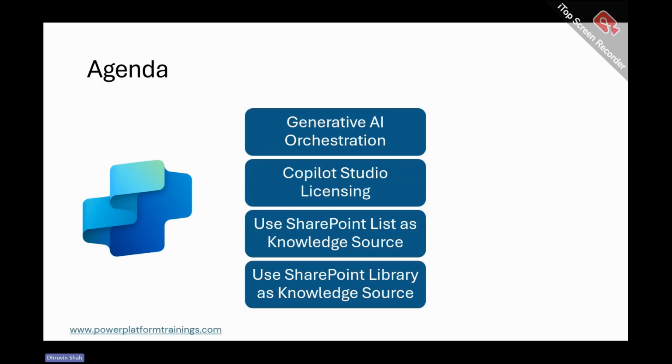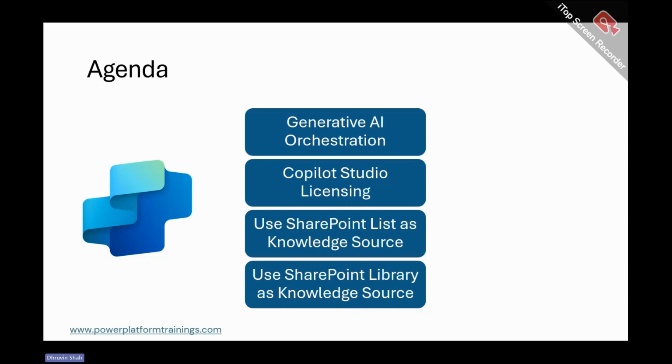We will continue SharePoint in the next class as well because this is a big topic. When you use SharePoint as a knowledge source, you need to think about security, licensing, and orchestration. All these things will not be covered in one session only, so we will extend into the next session. So this is the overall agenda for today.